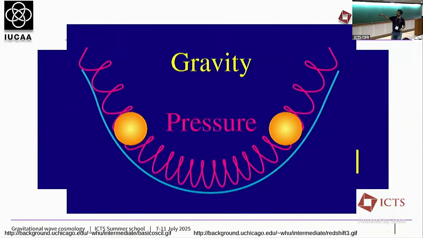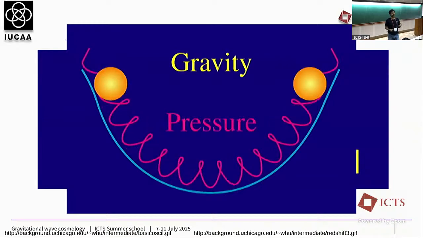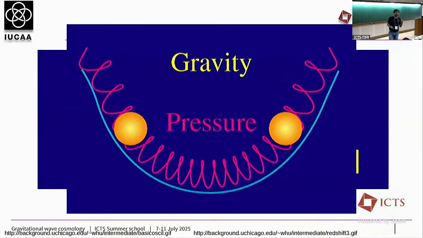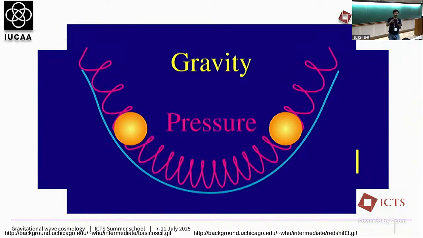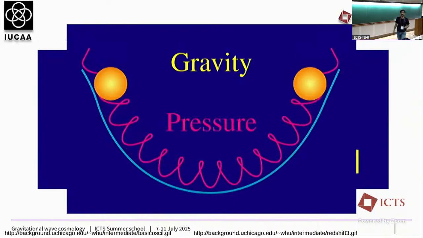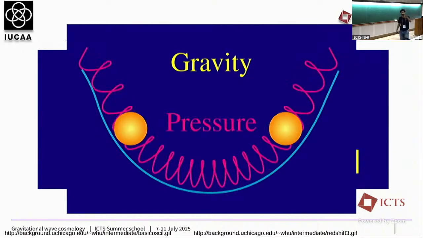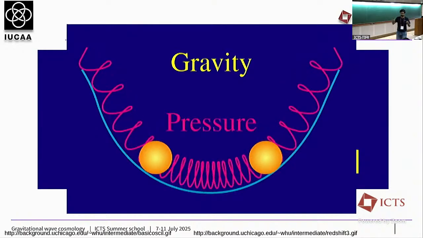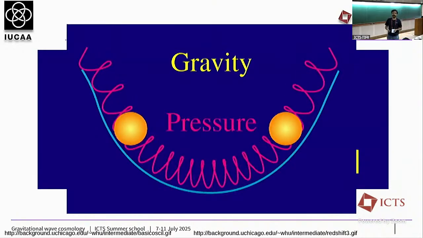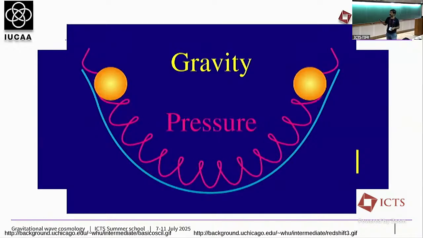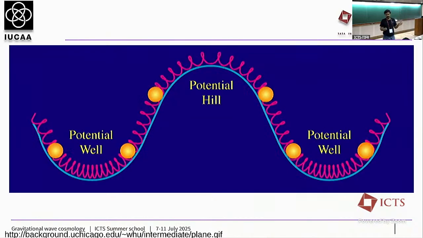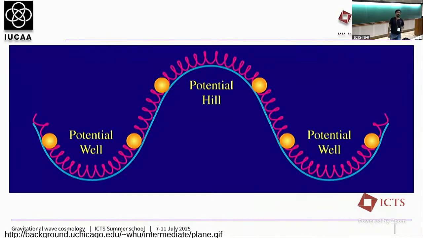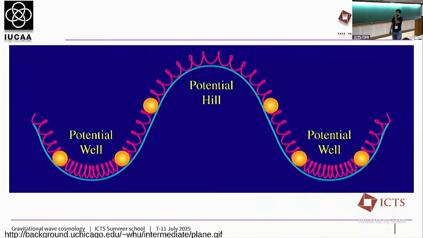And these potential wells that are created are created by the dark matter in the universe itself, which is not interacting at all with the photons. Okay, and so it is in these gravitational potential wells that you start to see these sound waves going off, and the physics of these sound waves is what you can use in order to take the observations and turn them into cosmological parameters.